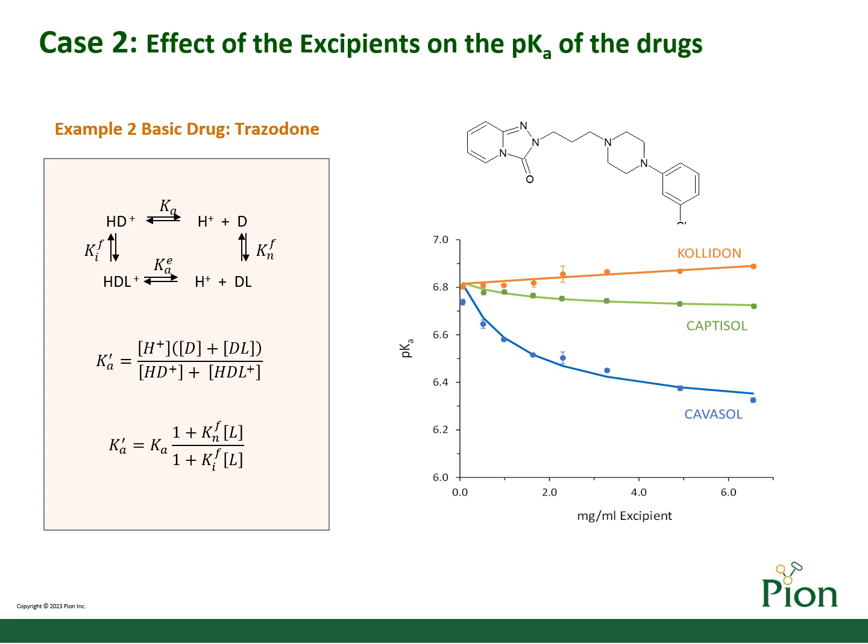So the pKa shift depends on the nature of the excipient, the interaction drug-excipient with the ionic or with the neutral species of the drug, and if the drug is an acid or a base, because the ionic species of the acids are anionic, negative charge, and for the bases are cationic, positive charge.